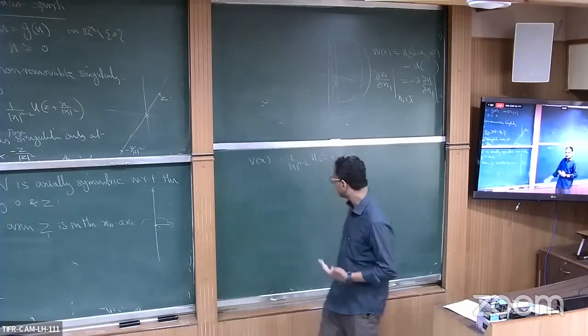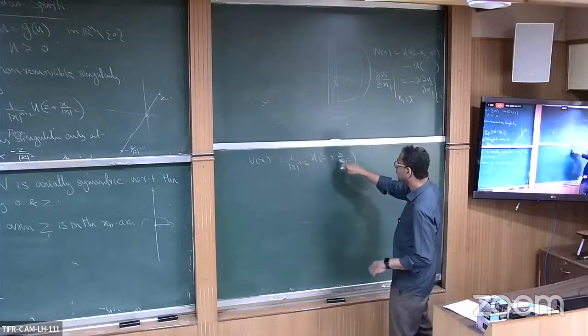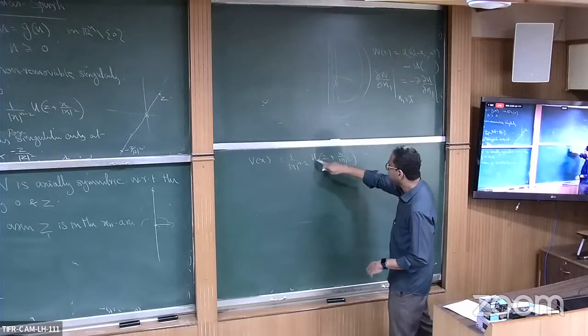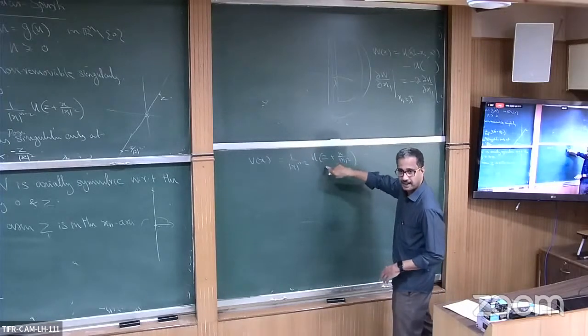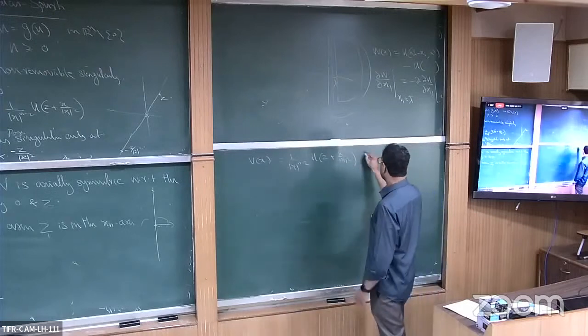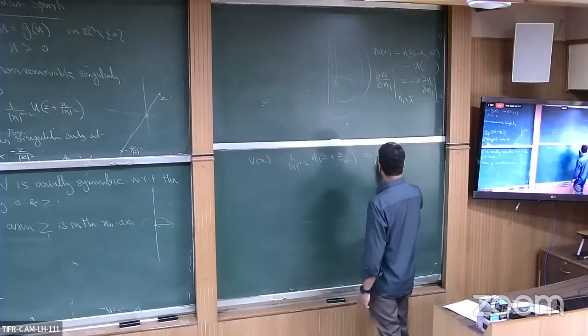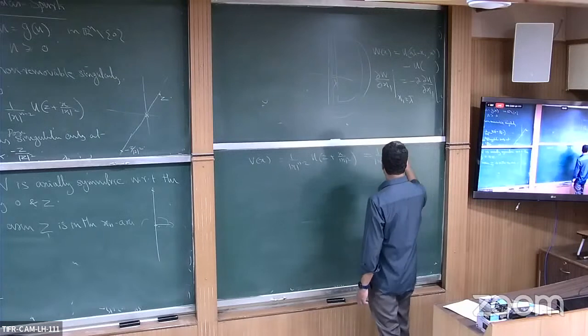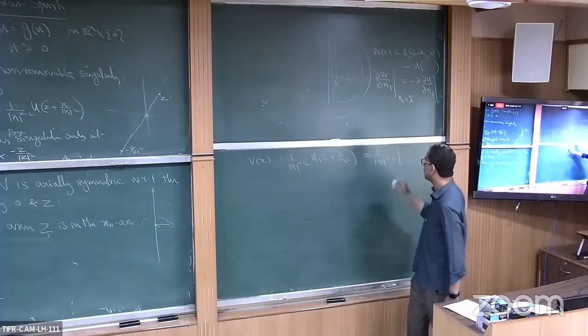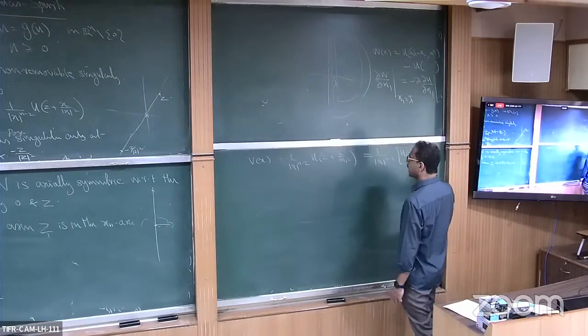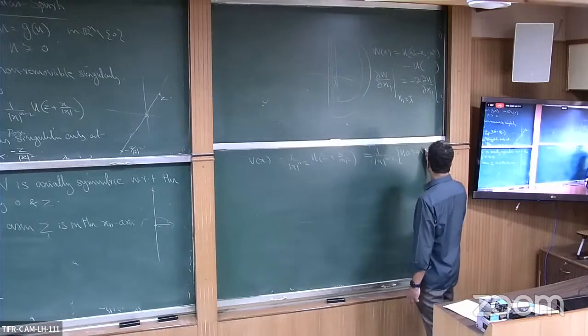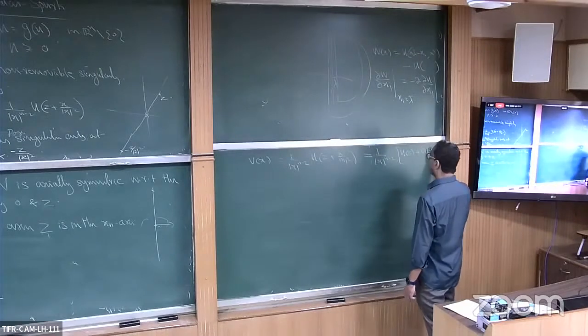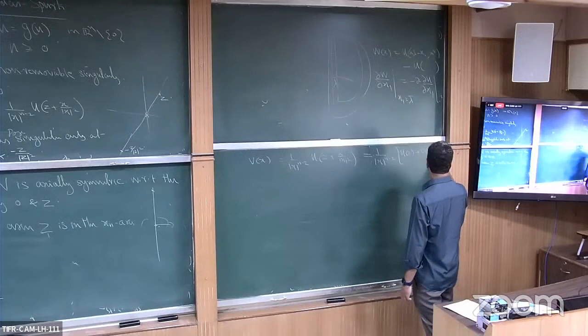So when x is large, this is going to be small, and basically this is the value of u at z. So I can do the Taylor expansion: 1 by mod x to the power n minus 2 times u at z plus the gradient of u at z dot product with x by mod x square.